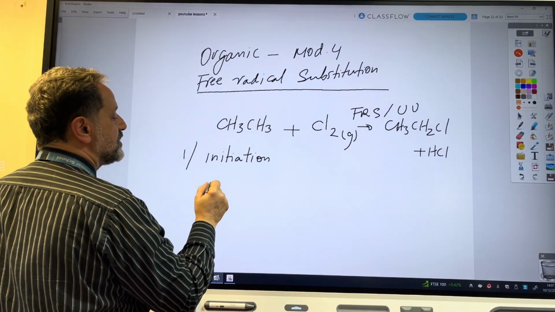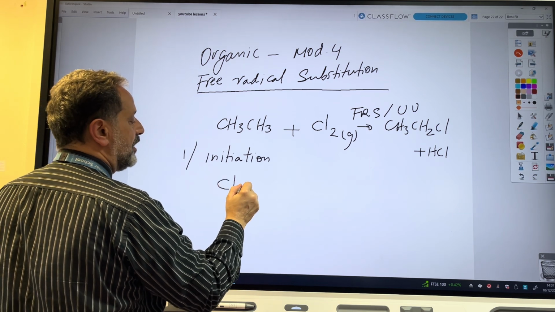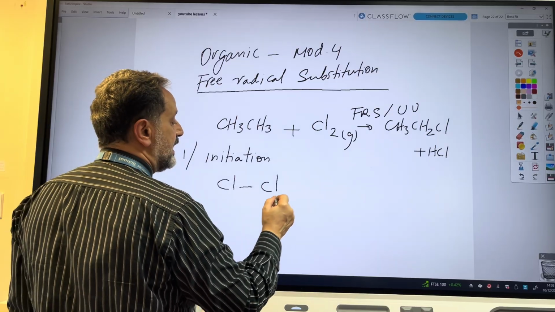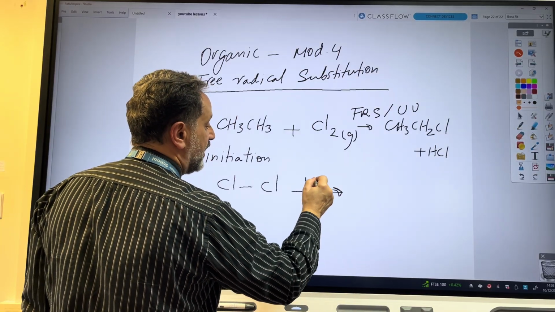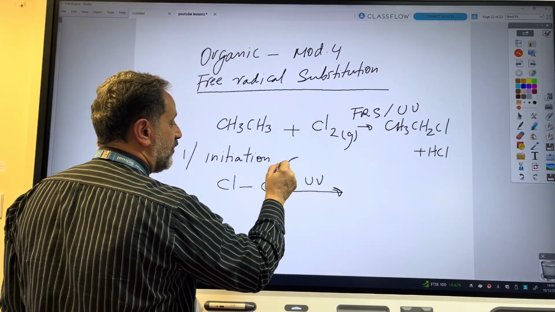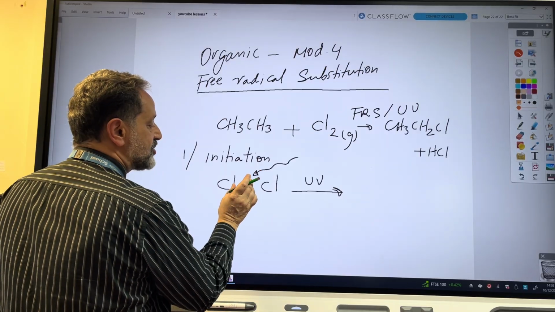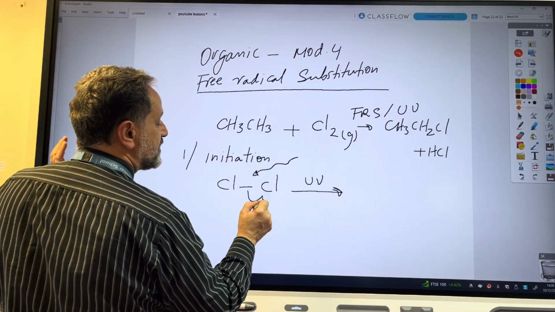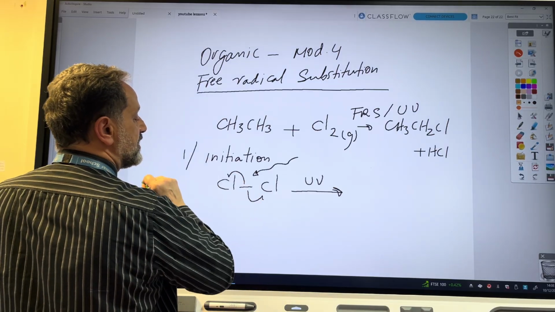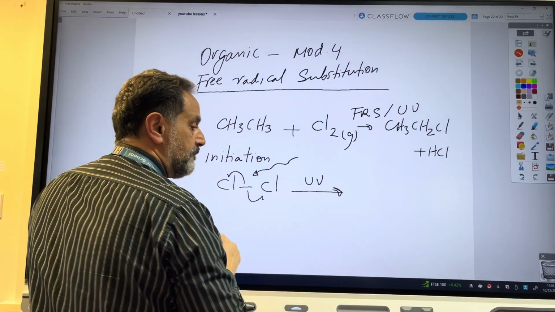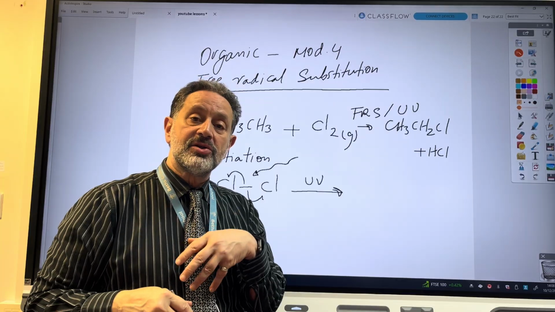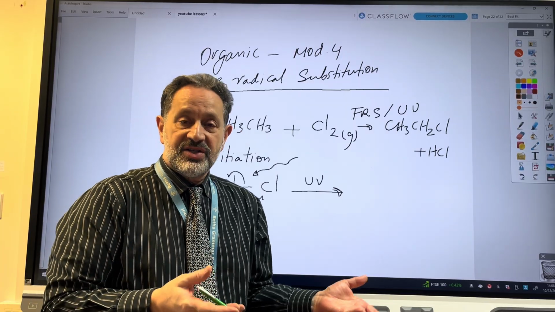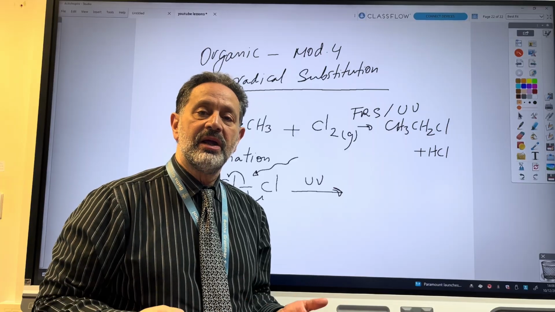So now in initiation, you get your chlorine. Now I'm going to show the bond between the chlorine atoms. With the help of UV light, which provides the energy to break these bonds apart, one electron goes and sits over there, the other one goes and sits over there. Basically what we get is the original chlorine atoms that we had before. You see, chlorine, a halogen, has 7 electrons in the outer shell and is extremely reactive.